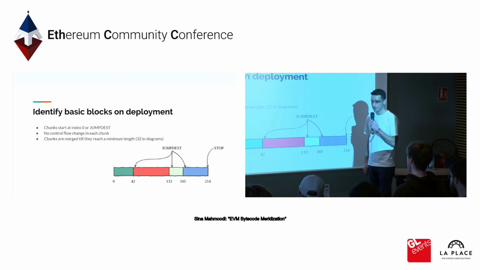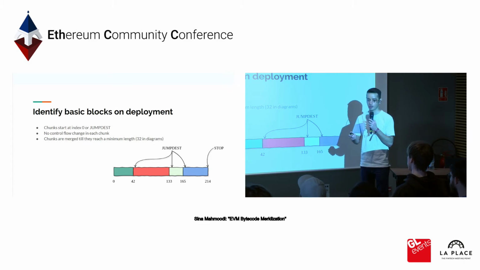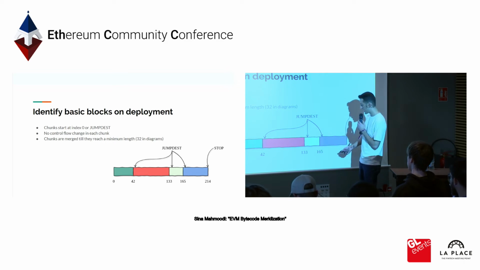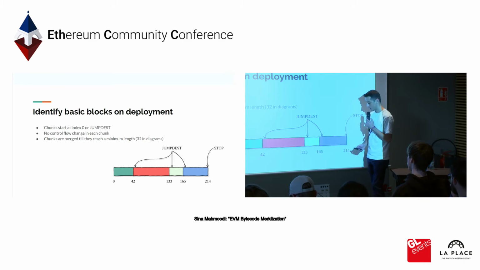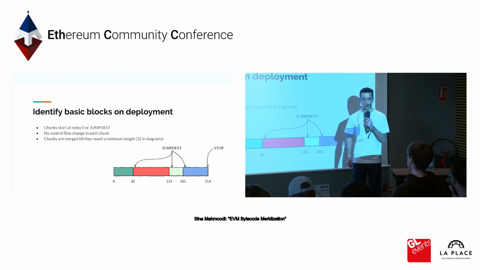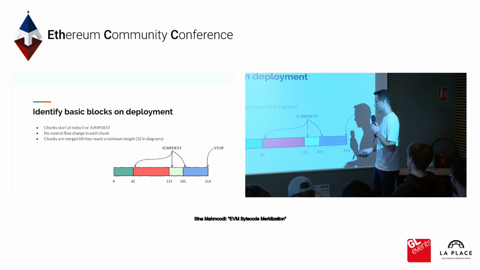So imagine we have a miner and somebody wants to create a contract. This is an imaginary bytecode that somebody is creating. So the miner, this is the runtime bytecode, not the init code, by the way.